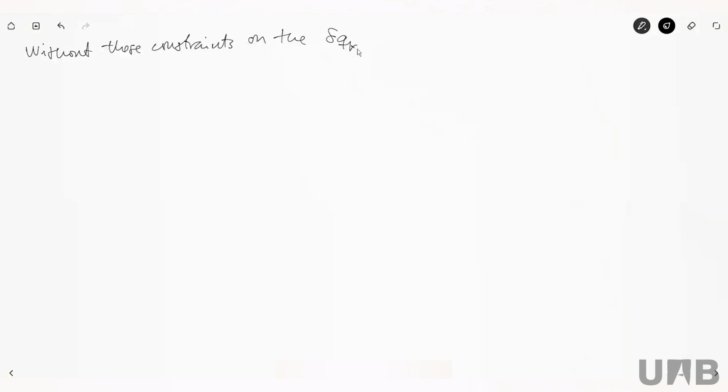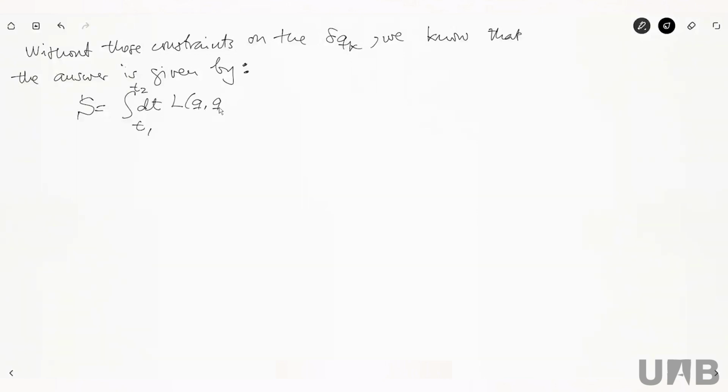The answer is given by the stationary condition on the action S. S is given by the integral over t from t1 to t2 of the Lagrangian L(q, q dot, t). Then, without the constraints, the solution is given by this stationarity principle, delta S equals 0.